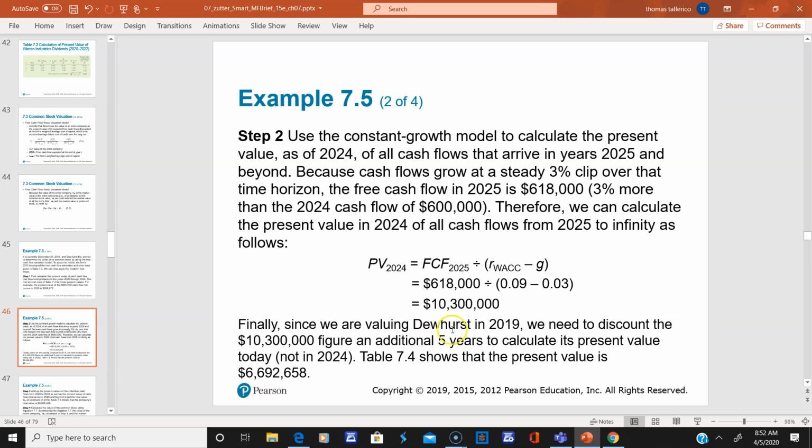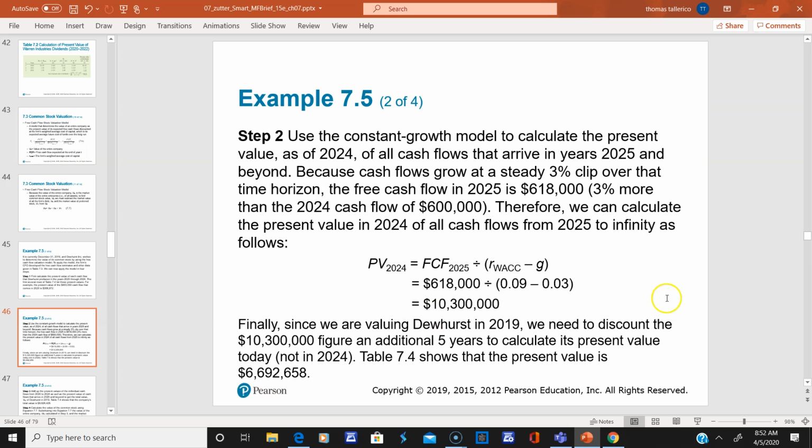Finally, since we are valuing Dewhurst in 2019, we need to discount the $10,300,000 figure an additional 5 years to calculate its present value today, not in 2024. If you look at Table 7.4, you're going to see that the present value is $6,692,658.